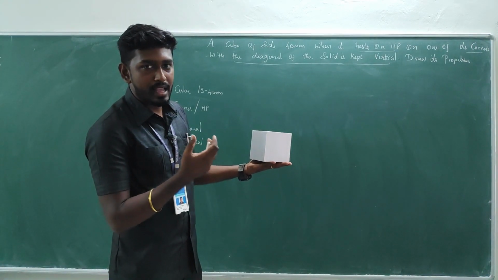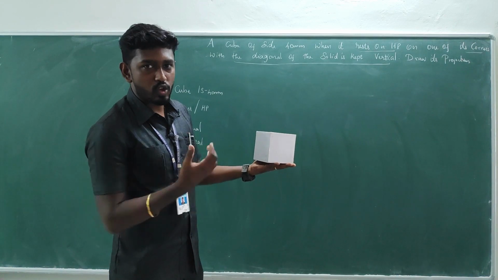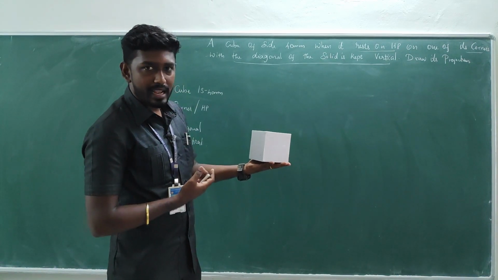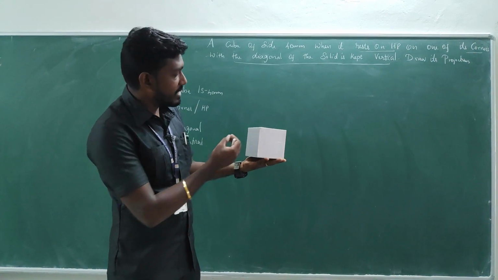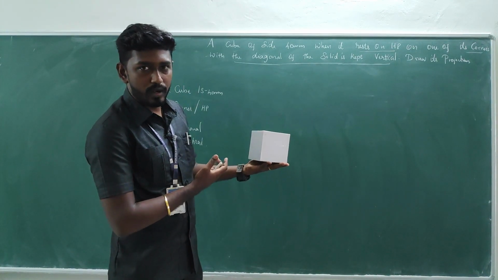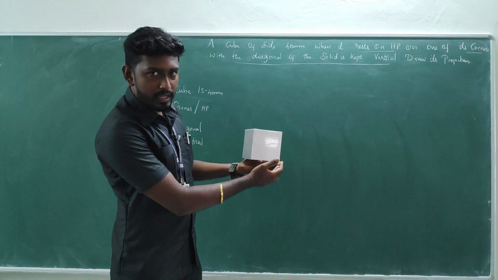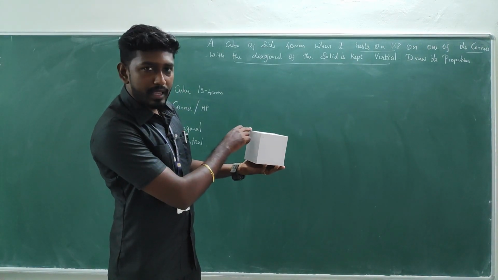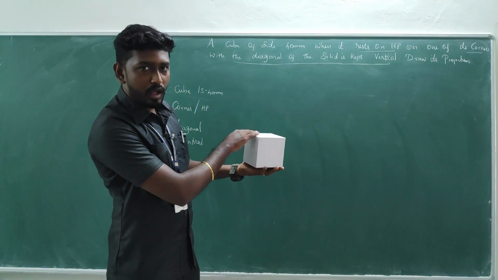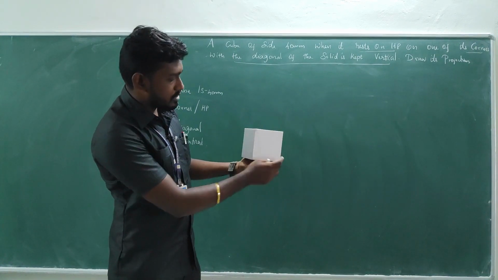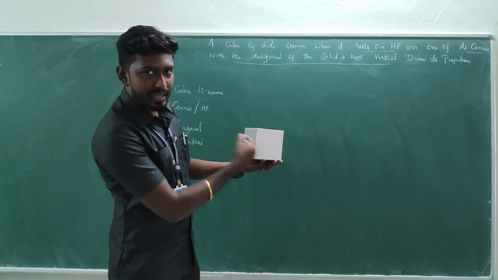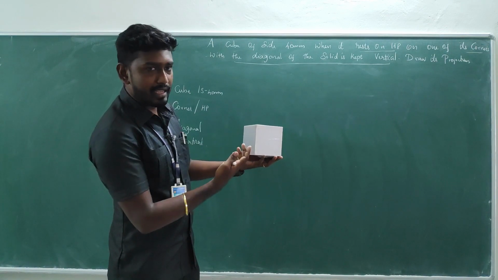What do you mean by the solid diagonal? Solid diagonal is nothing but a line joining the vertices of the solid. That means the line connecting the bottommost corner to the topmost corner, something like this. Opposite corners are connected with an imaginary line.